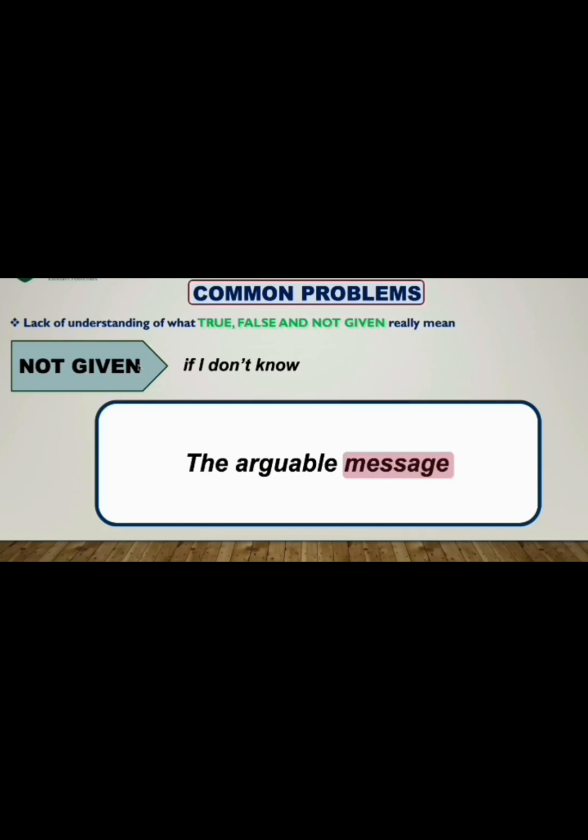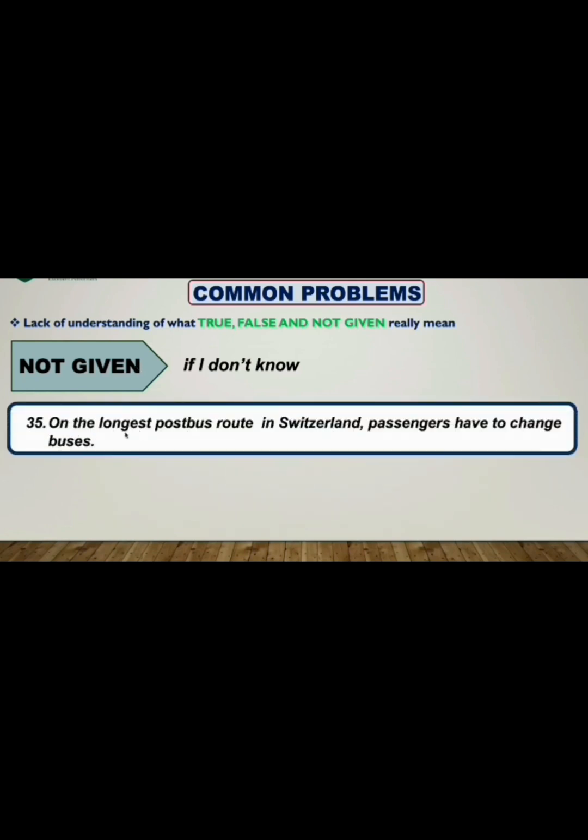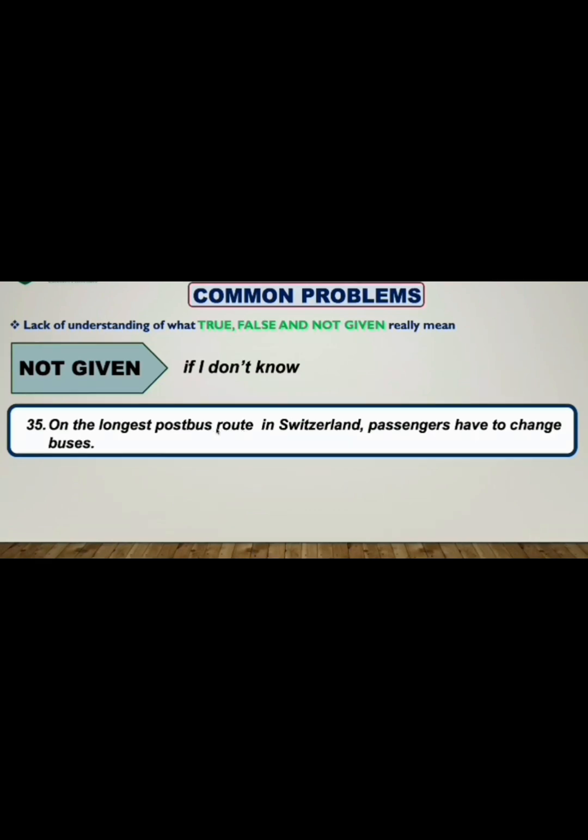Now, let's take a look at that previous question we were looking at and see how it is not a not given option. The question says, on the longest post bus route in Switzerland, passengers have to change buses. Now let's try to understand what the sentence is saying. It says that Switzerland has post bus routes.